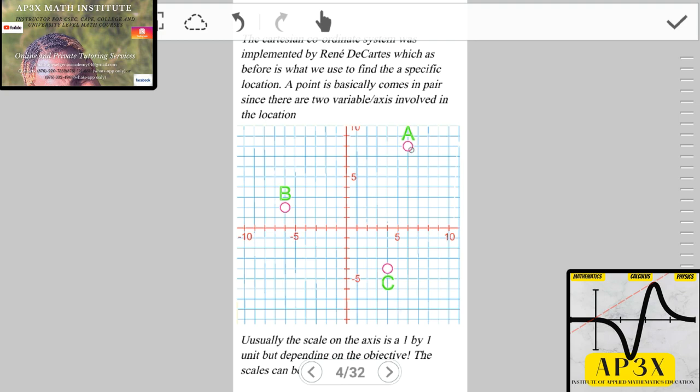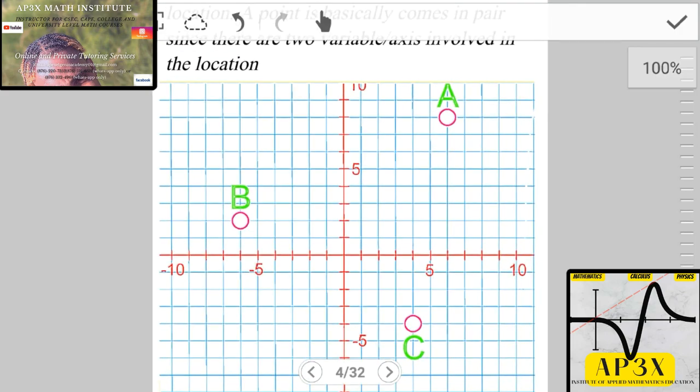All right, now here, for example, we can read off the point A. If we look at this particular Cartesian plane and we are trying to find the location of point A, let's zoom up here for you guys. So for A, we travel from the center and go 1, 2, 3, 4, 5, 6.